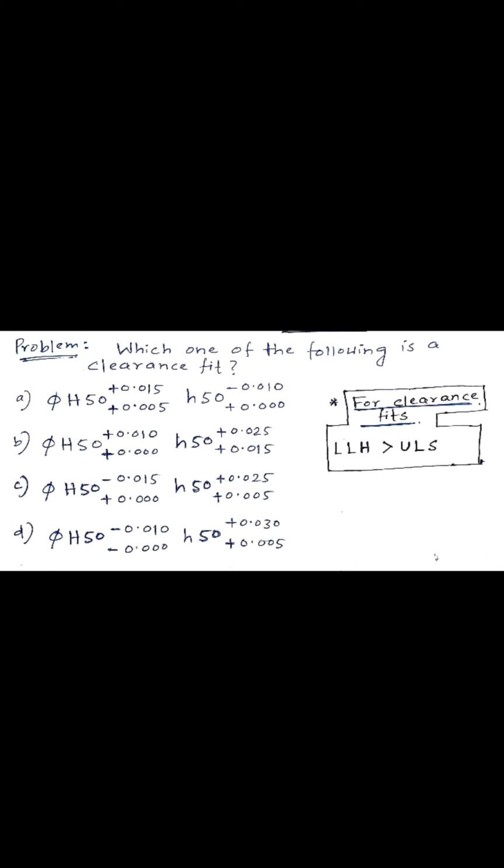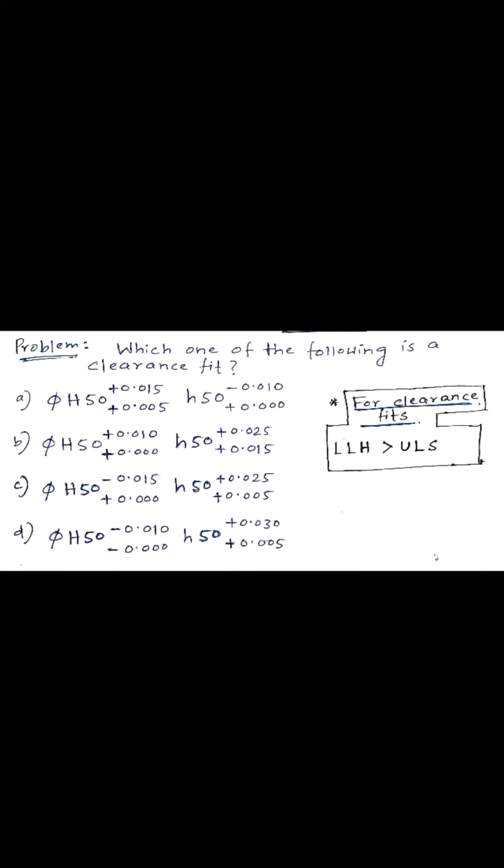Out of the four options given, if we take a close look, except option A, for option B, option C and option D we can clearly see that the lower limit of hole is not greater than the upper limit of shaft. So the condition for the clearance fit, that is lower limit of hole greater than upper limit of shaft, is not valid for options B, C and D, but for option A the condition is valid.